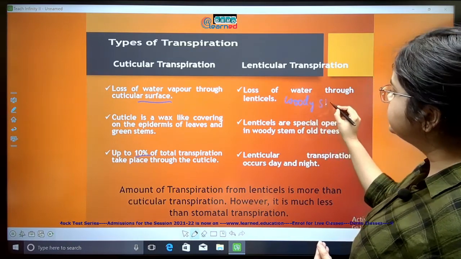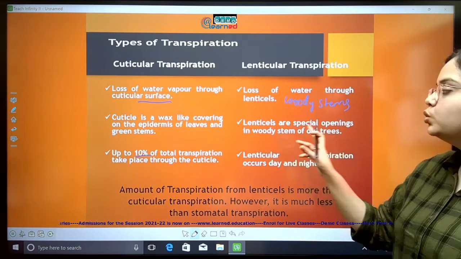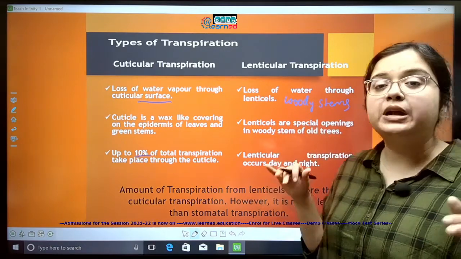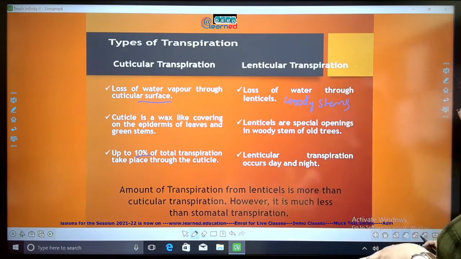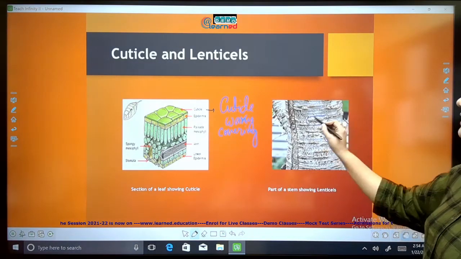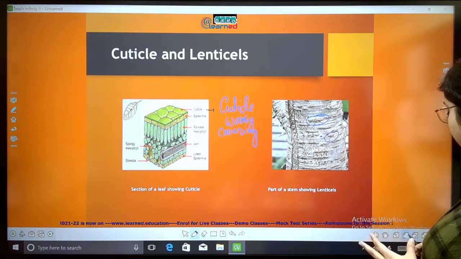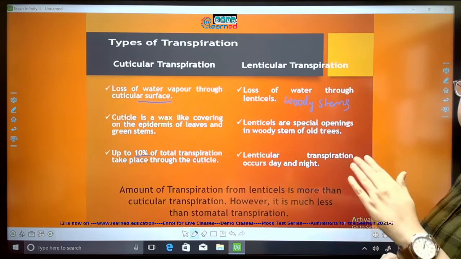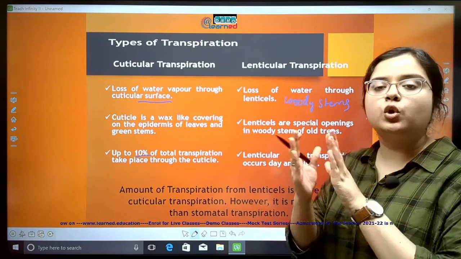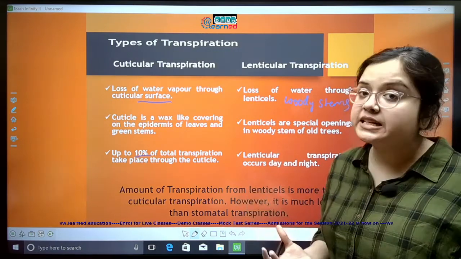Lenticels are special openings in the woody stems or in the branches of old trees. In this slide you can see these are the lenticels, part of a stem showing the lenticels. Through this, water continuously gets outside. There is no closing or opening of the lenticular openings as we can see in stomata.